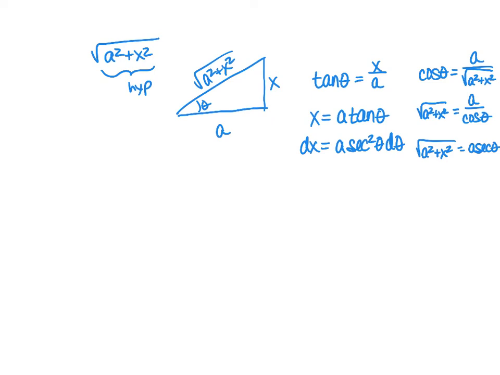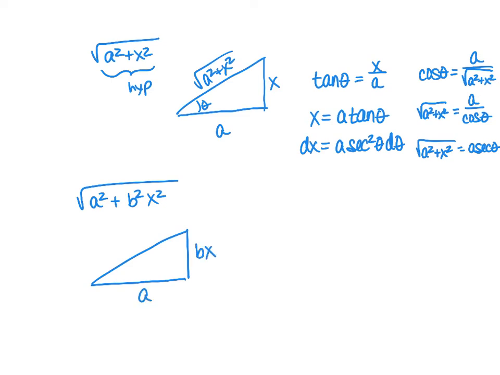All right, and then just to cover our bases, what if the form looks like this? Again, just like in the last one, all this changes is that this side will be b times x. And so when we do the tangent of theta, we get bx over a.